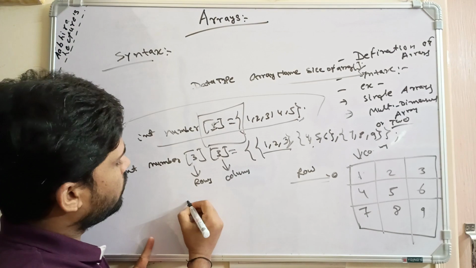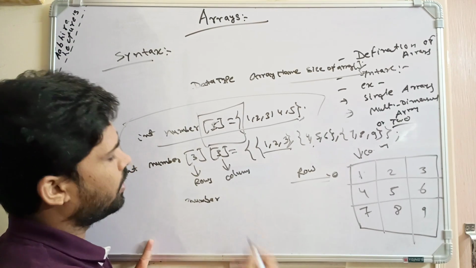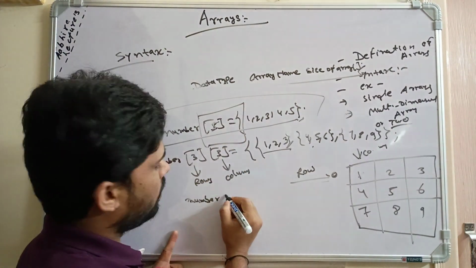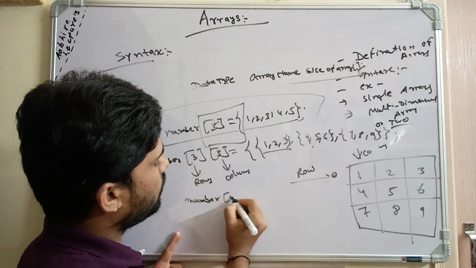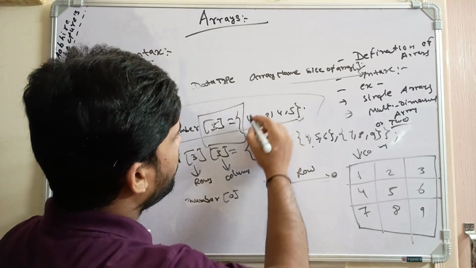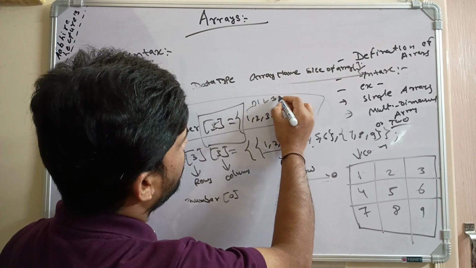If you want to access number of index 0: the index starts from 0 only, so 0 1 2 3 4.